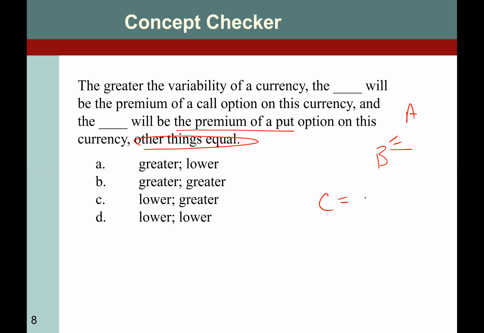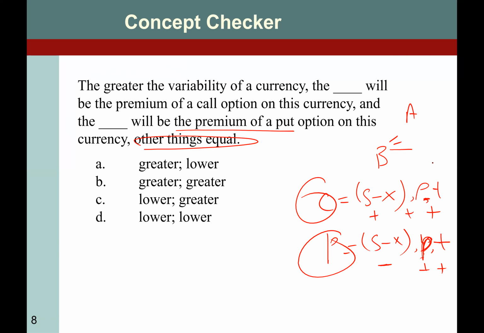Call option premium depends on the time period and volatility, sigma. Both depend on these: if the time period is higher, the premium of the call and the put will be higher.